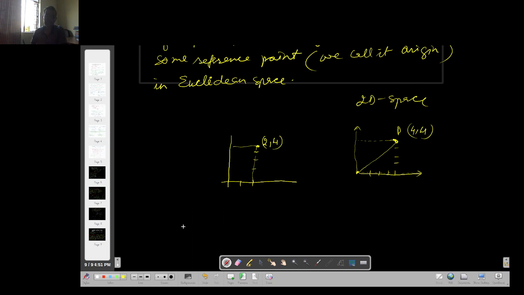But actually space is three-dimensional. So let us take the example of three-dimensional space.